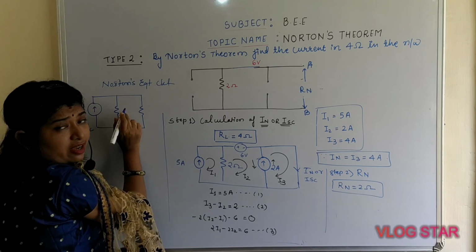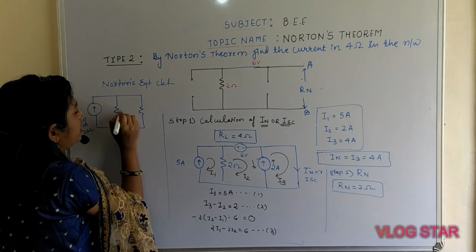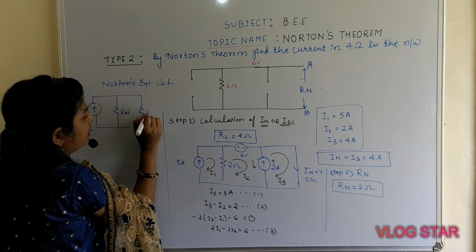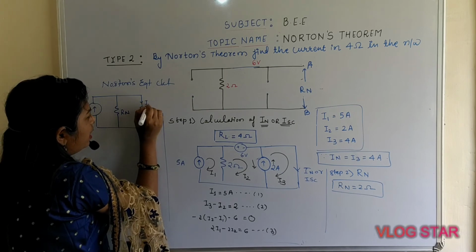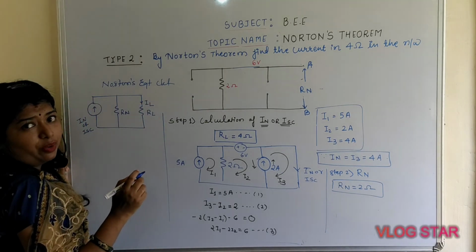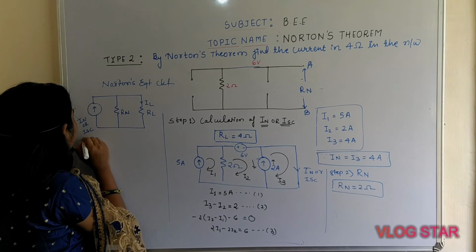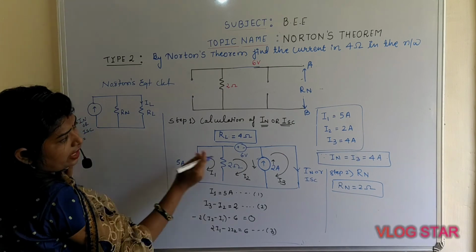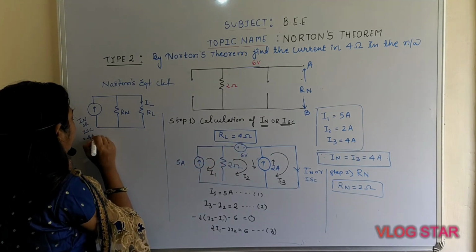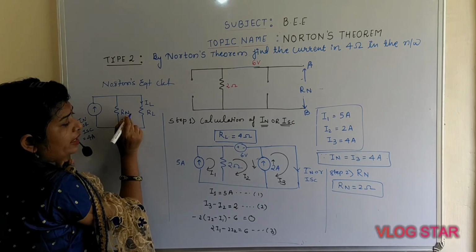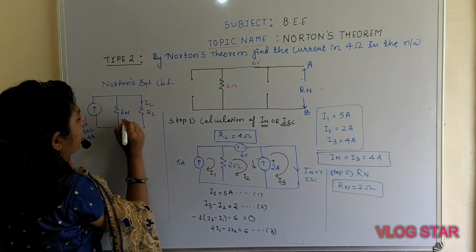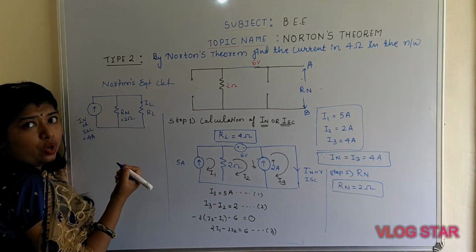What is the resistor you need to consider over here? This is nothing but Rn and this is RL. The current flowing through RL we have to calculate. So what is the value of IN? Yes, IN is 4 ampere. What is Rn? We have done that part, which is equal to 2 ohm.